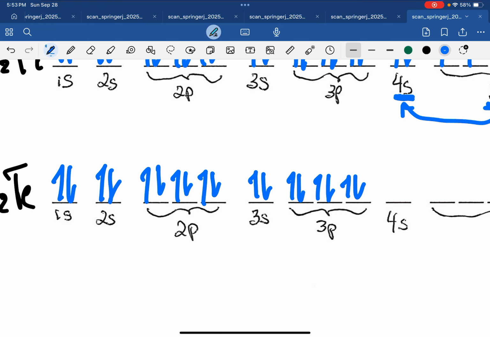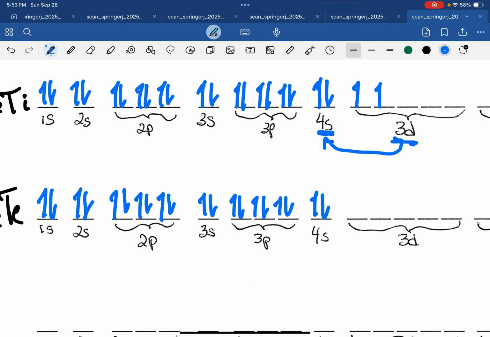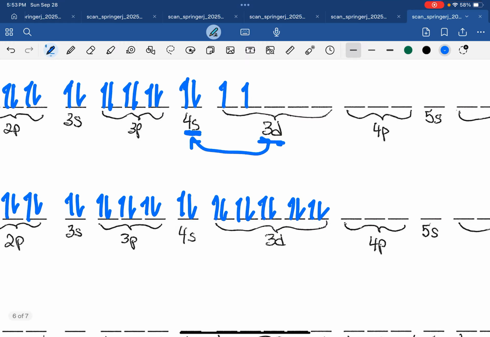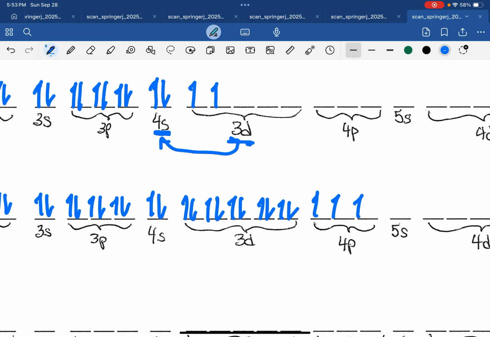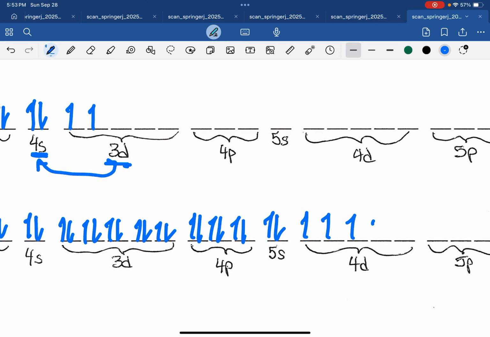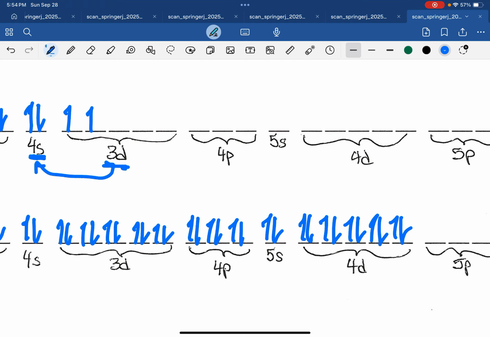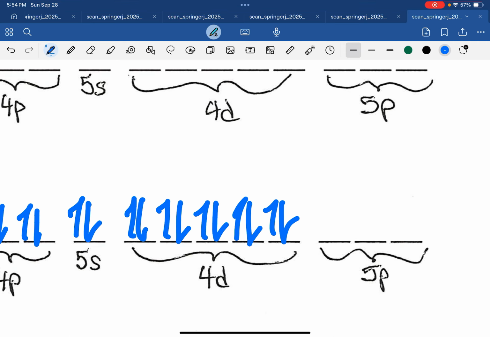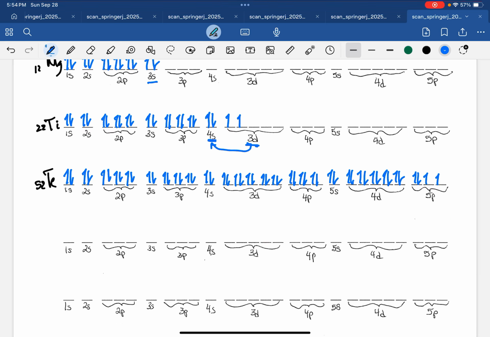If I'm not mistaken, that's 18, 20, 30, 36, 38, 48. How far are we going? 52. 49, 50, 51, 52. That just about filled all my spaces.